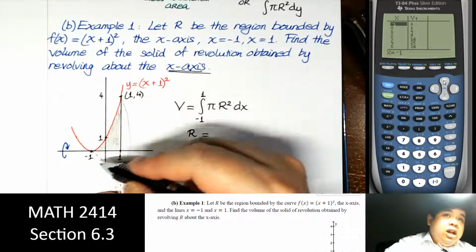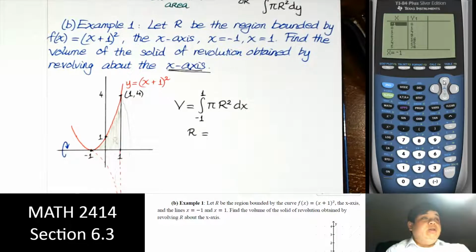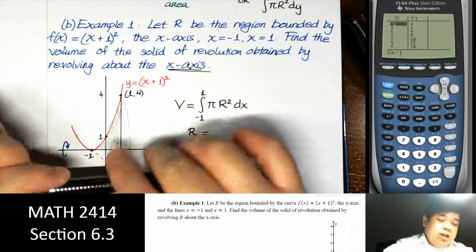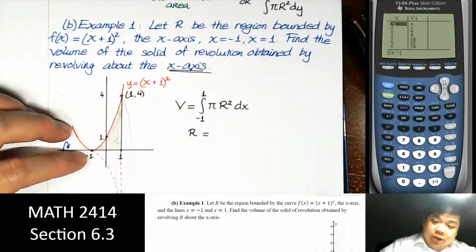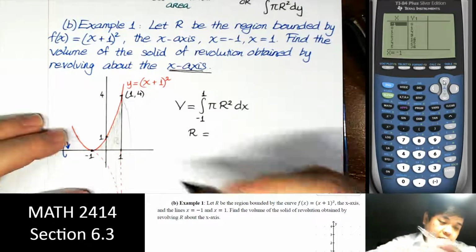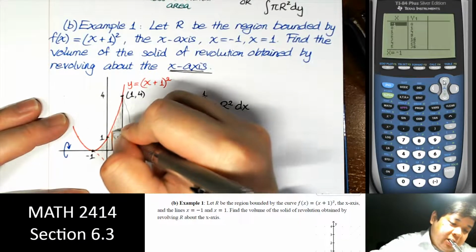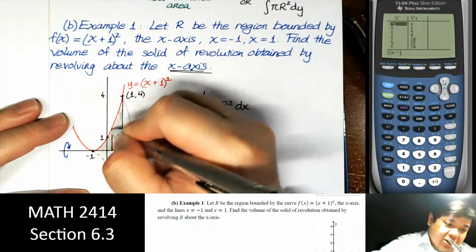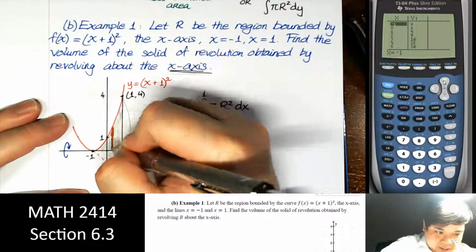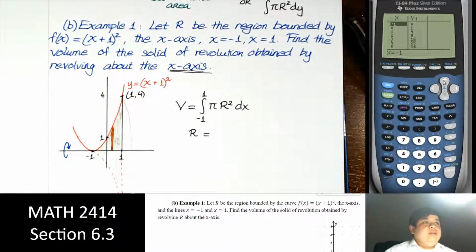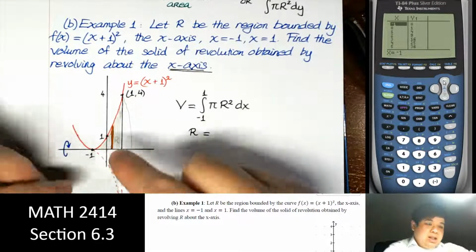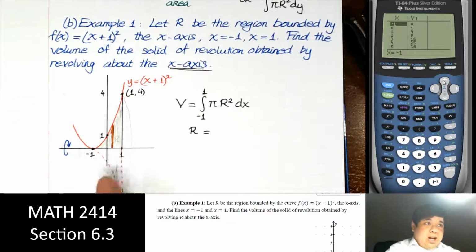The radius will be from the axis of rotation, the x-axis, to the edge of the region. So we're talking about this one here. That is the radius, from the axis of rotation. When we rotate, that part rotates, and so that is the radius.